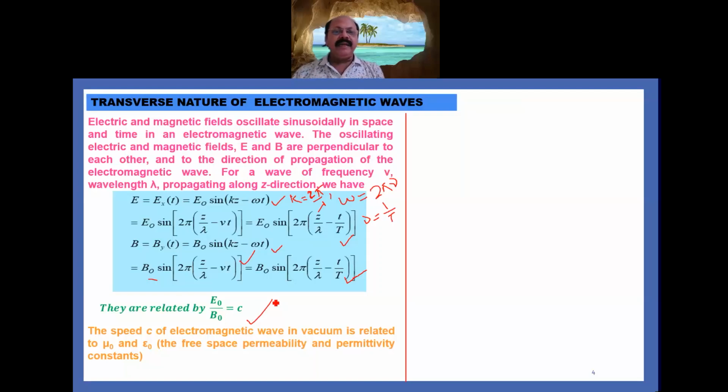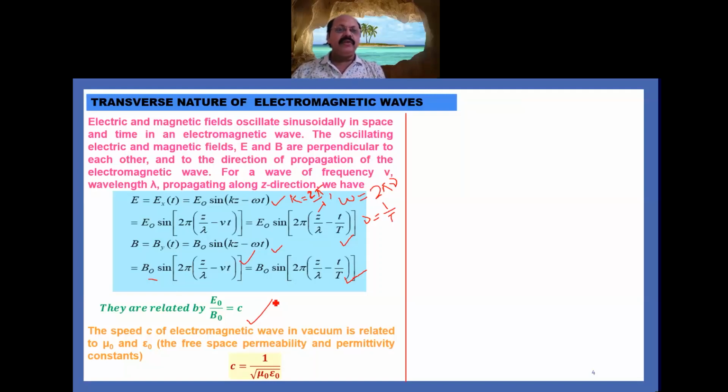Mu naught is magnetic permeability in free space, epsilon naught is electrical permittivity in free space. So c is equal to 1 upon under root mu naught epsilon naught.